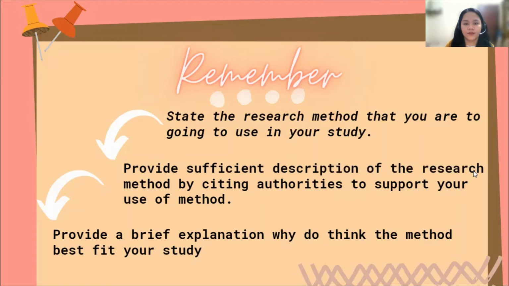Second one, provide sufficient description of the research method by citing authorities to support your use of method. The third step or tip is to provide a brief explanation. Why do you think the method best describes or best fits your study? Okay? So that's how you're going to write your research method.